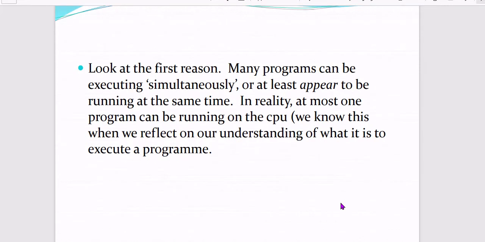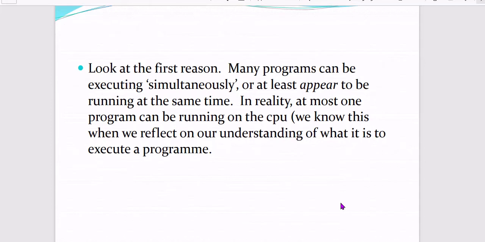All right, look at the first reason I've given. Many programs can be executing apparently simultaneously, or at least they appear to be running at the same time. But in reality, if you recall the contents of topic 2, at most one program can run on the CPU at the same time.